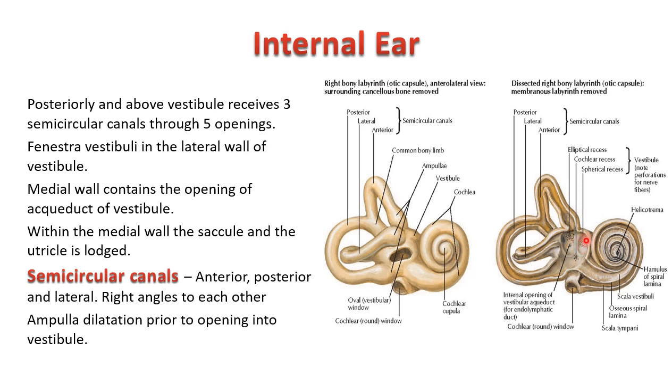The spherical recess will contain the saccule, and the elliptical recess will contain the utricle, where it receives the openings of the semicircular canals, and that is the aqueduct of the vestibule, through which the endolymphatic duct forms a blind sac, which you have seen in the last picture I showed you. These perforations are mainly for the ampullary nerves.